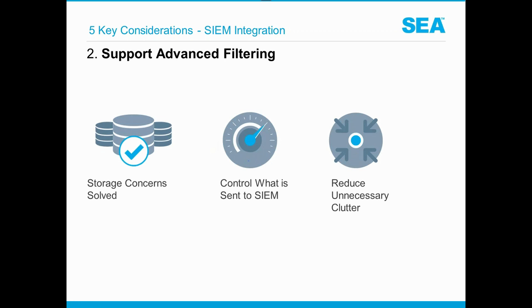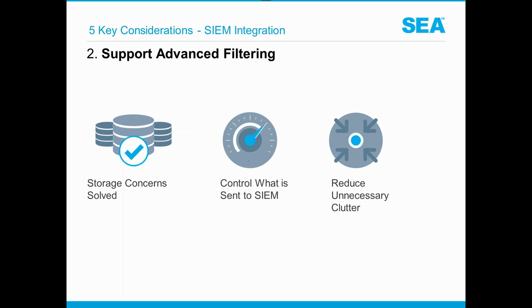Advanced filtering support is also important, especially with storage growth always a concern. Many organizations would prefer to have the option to select what security-related events they would rather send to the SIEM. The capability to filter non-critical events prior to sending to a syslog has proven useful in this area, by which the relatively serious transactions are logged and can be reviewed without having to deal with unnecessary clutter.